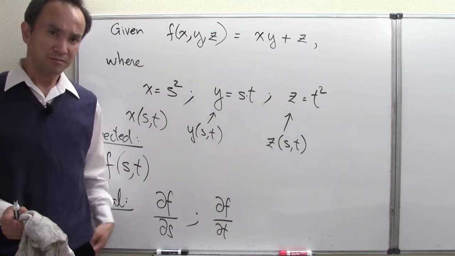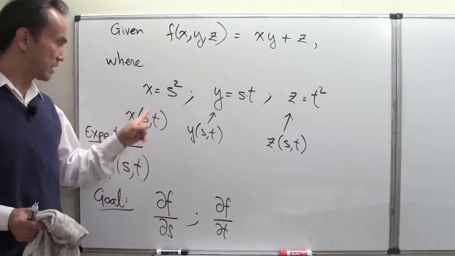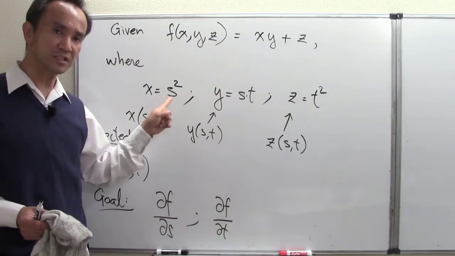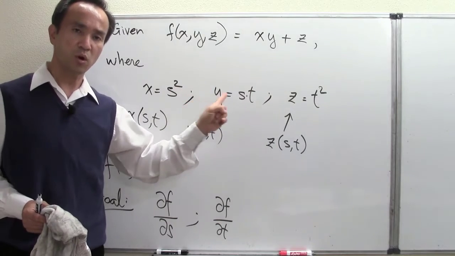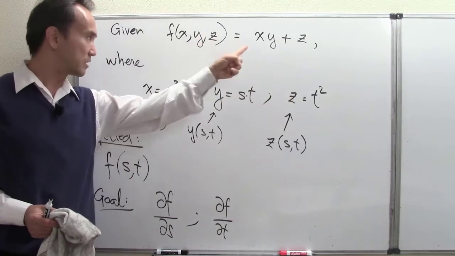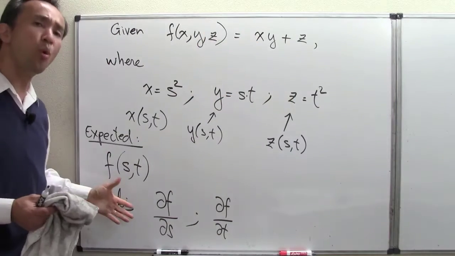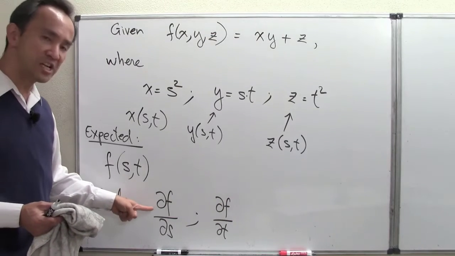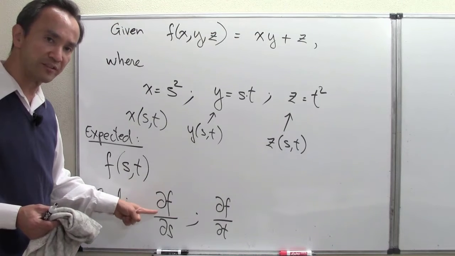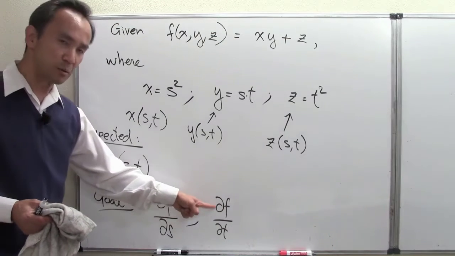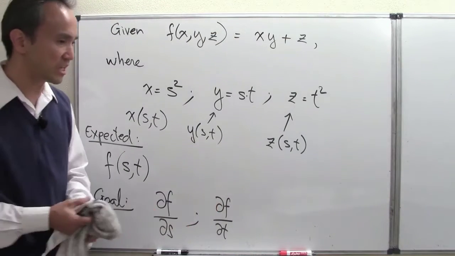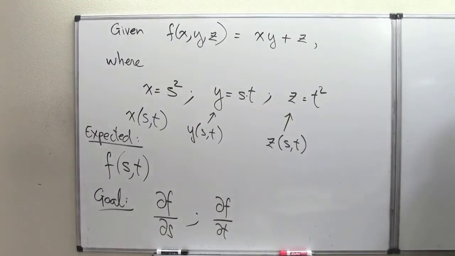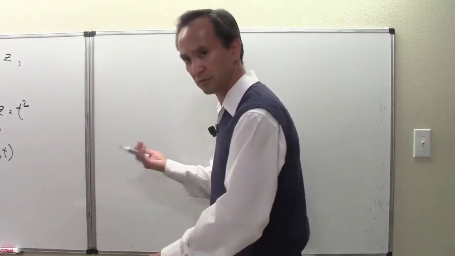Since I mentioned we can easily substitute these expressions for each of x, y, and z into the current function, one way of getting the partial derivative of f with respect to s and with respect to t is that we can really go ahead and substitute it in.